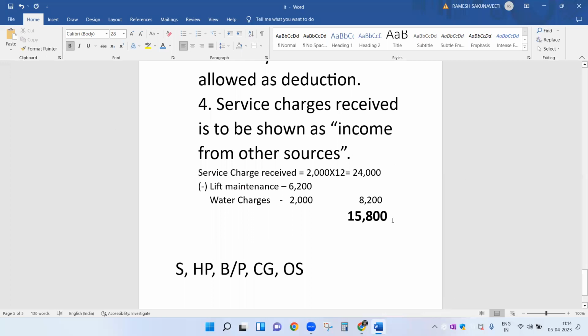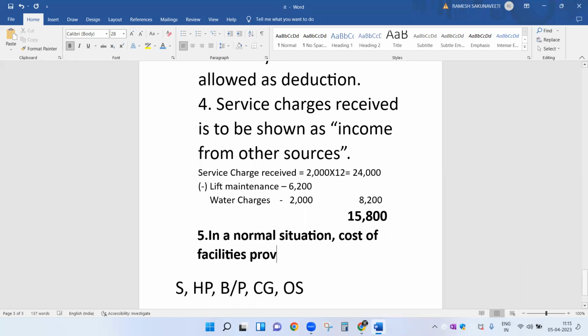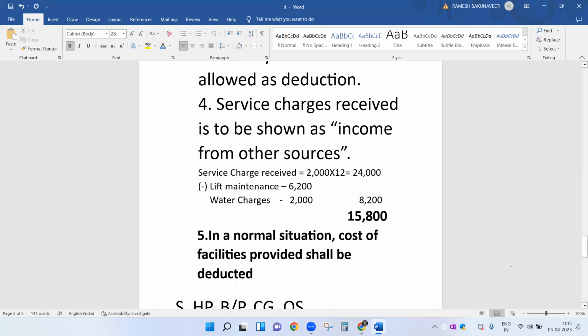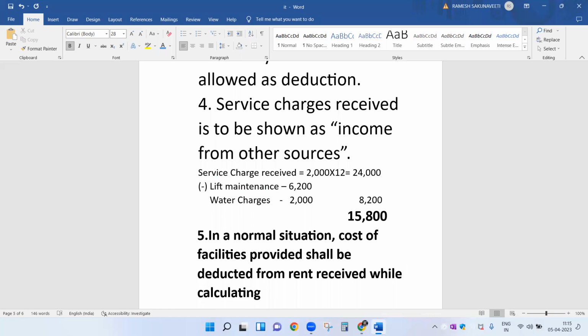Next, the 5th point we need to write down also. So I am mentioning it. In a normal situation, cost of facilities provided shall be deducted from rent received while calculating actual rental value, ARV.